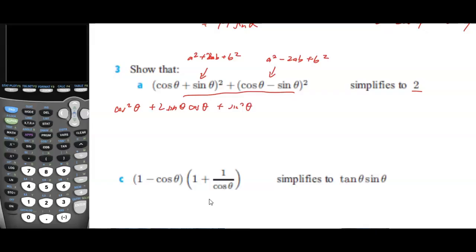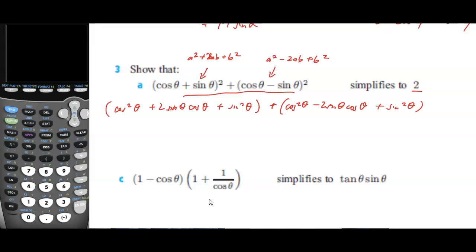So that was the first one. The second one would be cosine squared theta minus, not 2ab, 2 sine theta cosine theta plus sine squared theta.